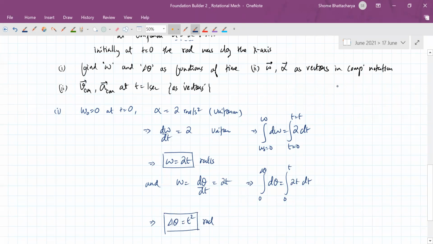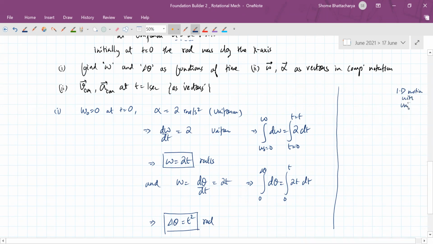So actually you can see this is very simple. If we had on the one hand 1D motion with uniform acceleration, you have the relation v is equal to u plus at, and s is equal to ut plus half at square.